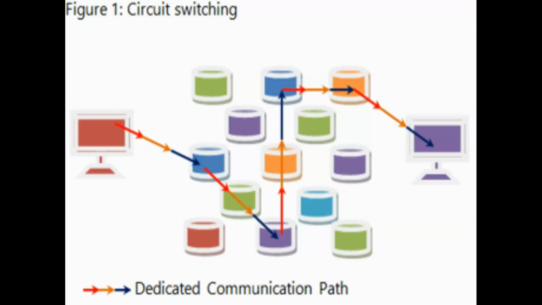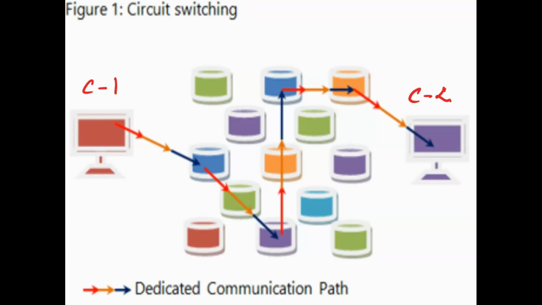Let us see the diagram for circuit switching. This is computer 1 and this is computer 2. If I need to send messages from computer 1 to computer 2, we have many types of paths here. So first of all, we establish the dedicated path in which the message is going to travel. Before sending the message, we establish the correct path between the two computers.